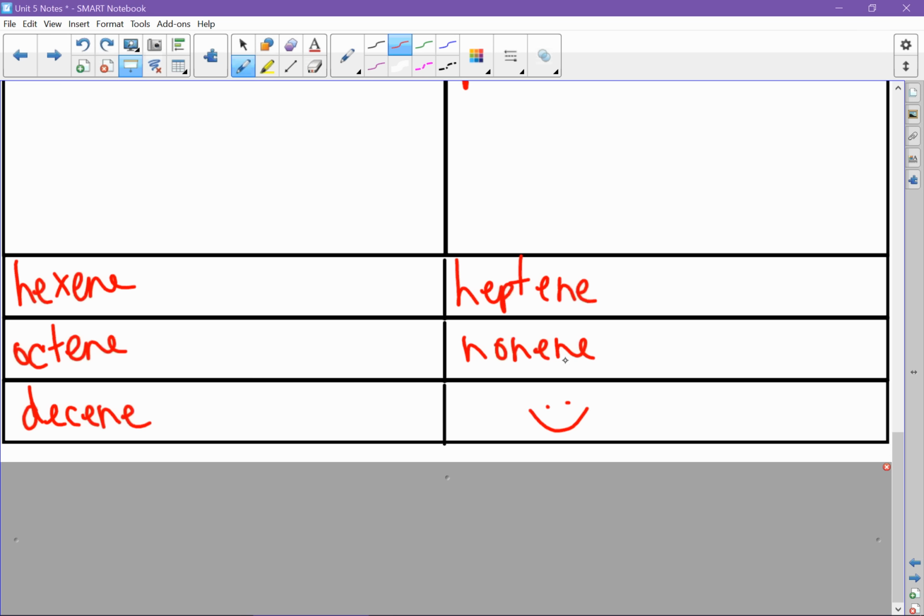So you're going to have to be really careful of your spelling. Make sure that we can tell that this is heptene, but if you spell it wrong, it might look like heptane, and those are two very different things. So be careful of your spelling so that we can tell the difference, all right?